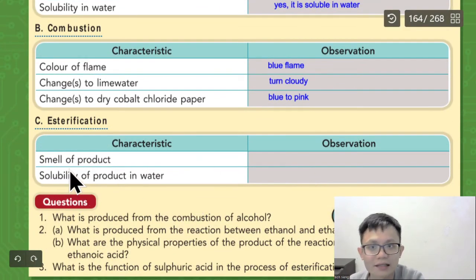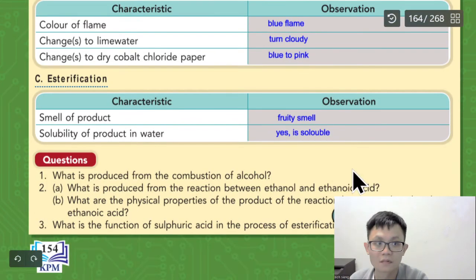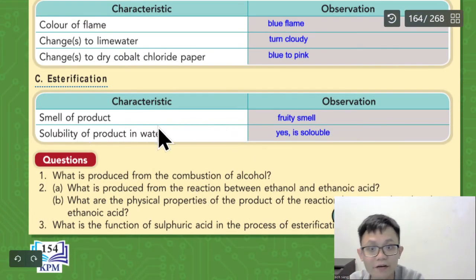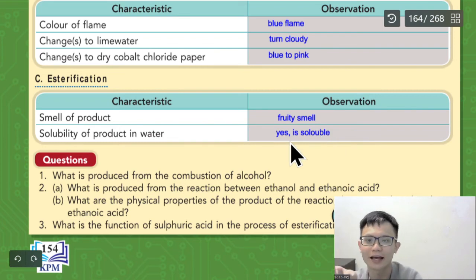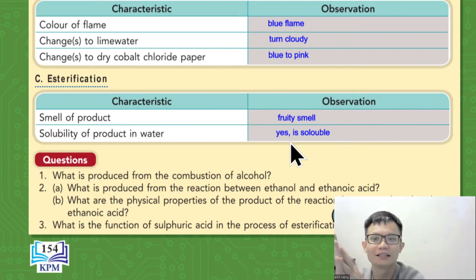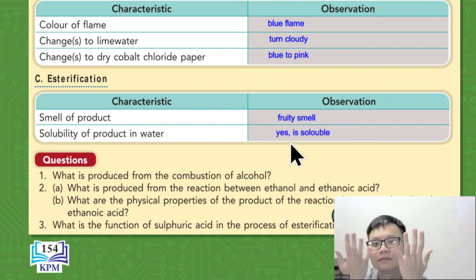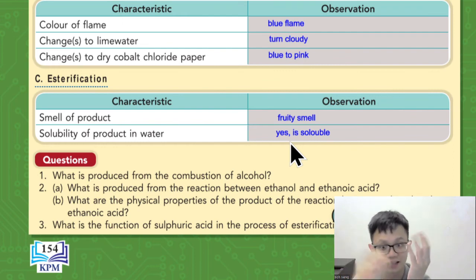Esterification. So what is the smell? As I said, esterification is the process to make perfume. So what is the smell of perfume? The smell is a fruity smell, meaning it smells like fruit, nice, correct or not? Sometimes when you wash your hand with alcohol sanitizer, there are two types, one like jelly and one like watery alcohol, and sometimes you smell a fruity smell.